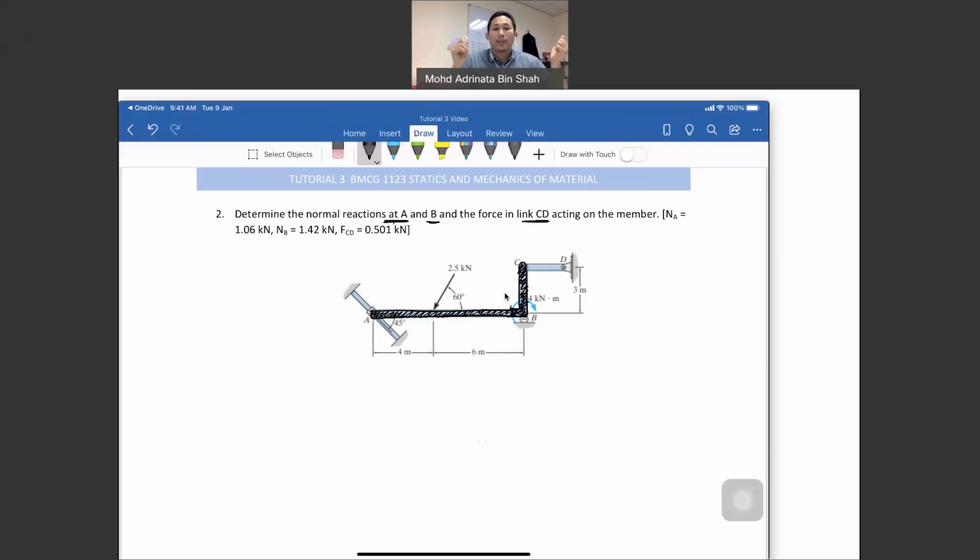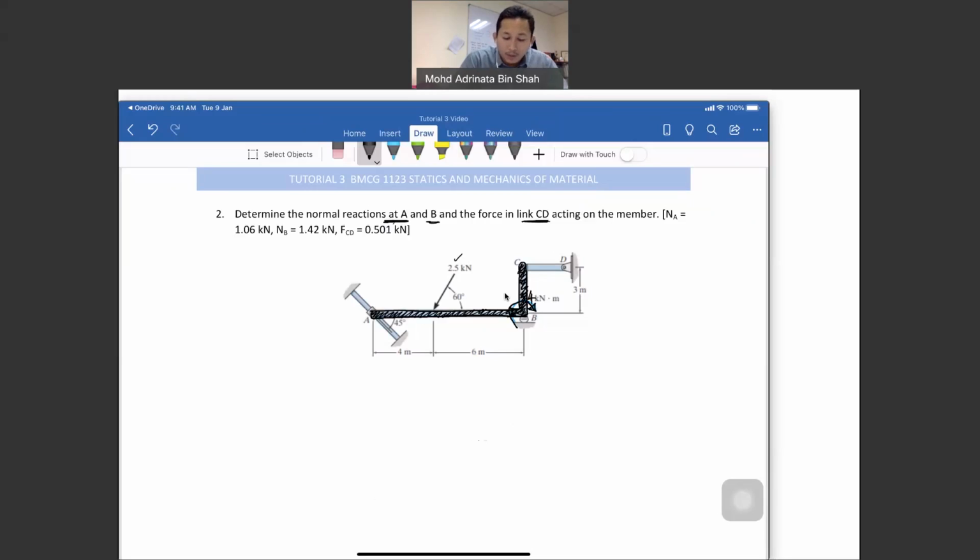And what is the force, load, and support reactions? So we have 2.5 kilonewton at 60 degree, and we have also our moment 4 kilonewton meter acting at B. Okay.